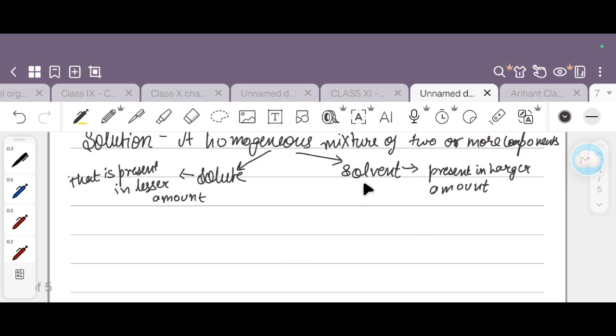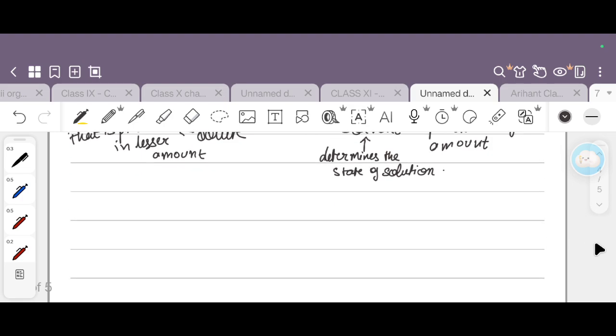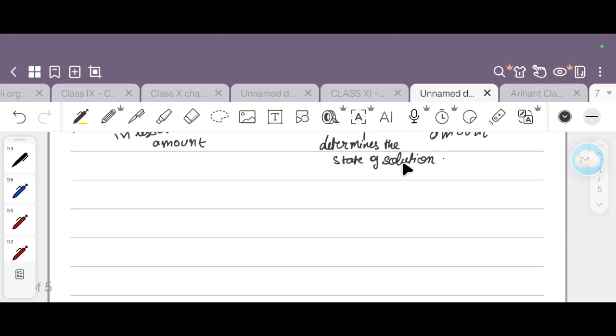Now solvent is the one which determines the state of solution. On the basis of different types of solvents, we have different types of solutions.